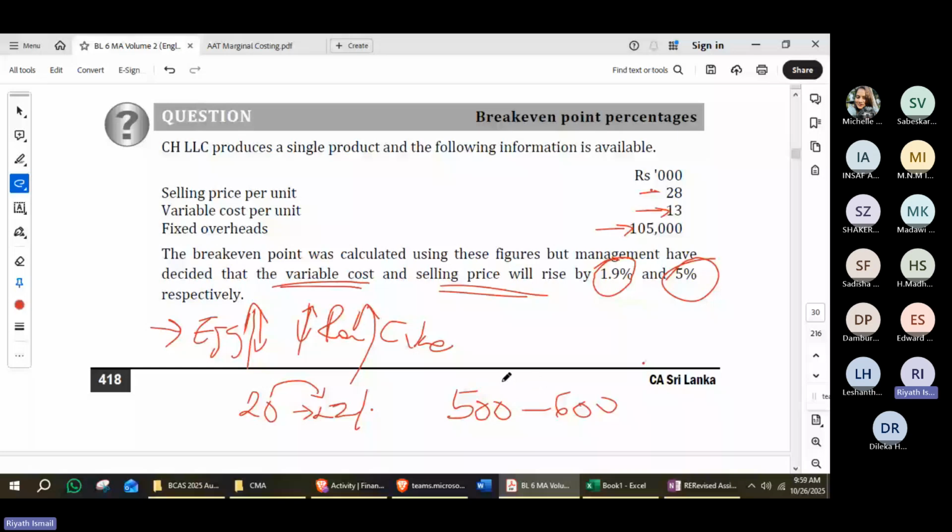This is what happened. So when input prices increase in the market, we can see there will be a huge inflation in the country because of this.